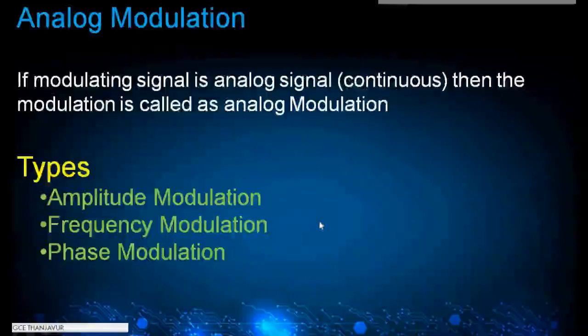If the modulating signal is analog, meaning continuous, then the modulation is called analog modulation. If the modulating signal is digital, in terms of zeros and ones, then the modulation is called digital modulation. In analog communications, there are three types: amplitude modulation, frequency modulation, and phase modulation.